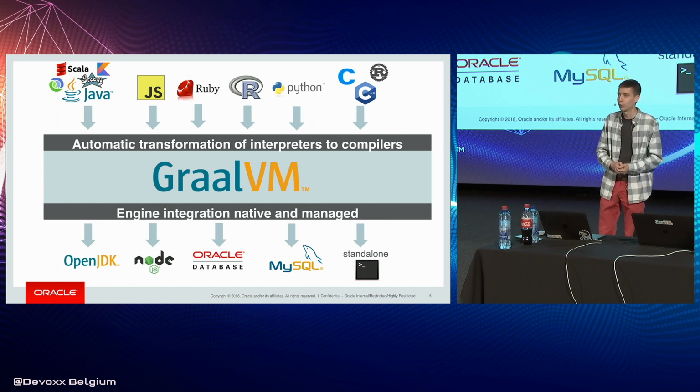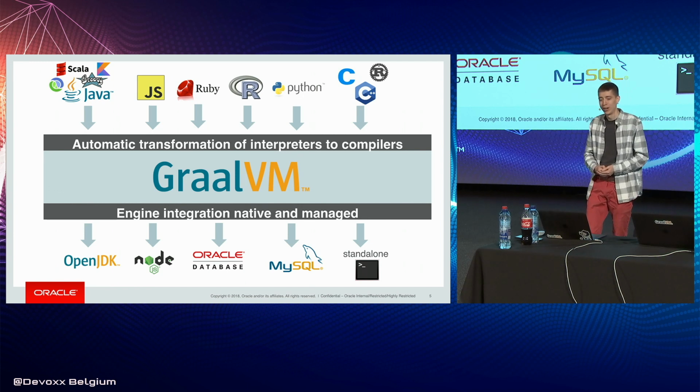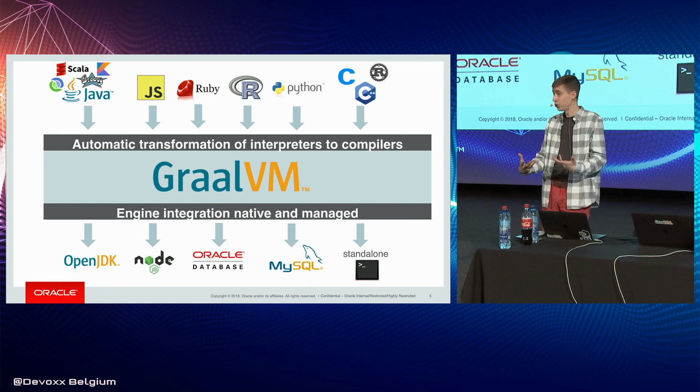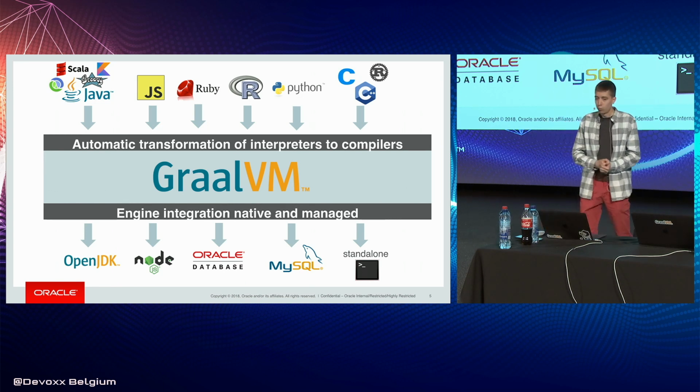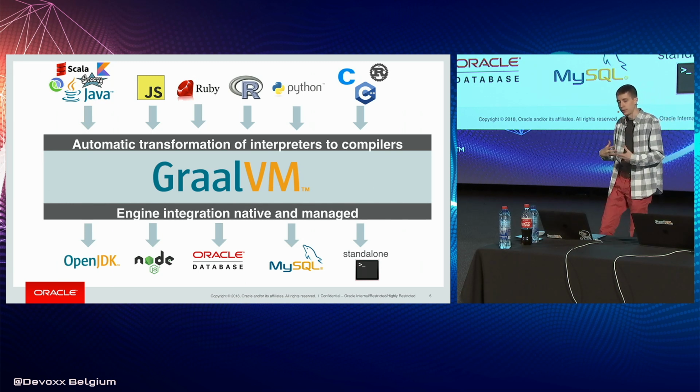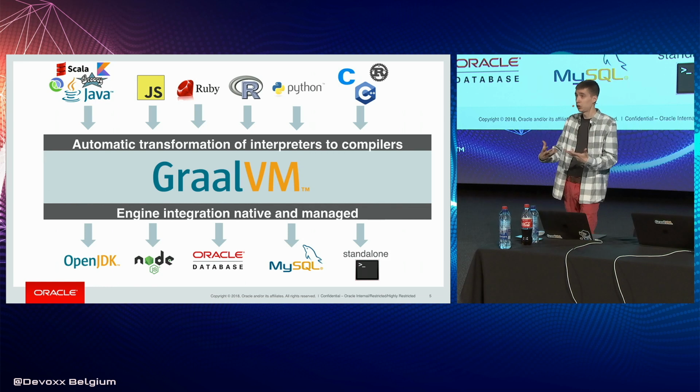Well, we are from Oracle, so we also had to embed it in the Oracle database. So there, you can run it as well as part of your query execution or as part of your user-defined functions. We have a prototype in the MySQL database, and in general, we actually see more data processing engines potentially embedding Graal.